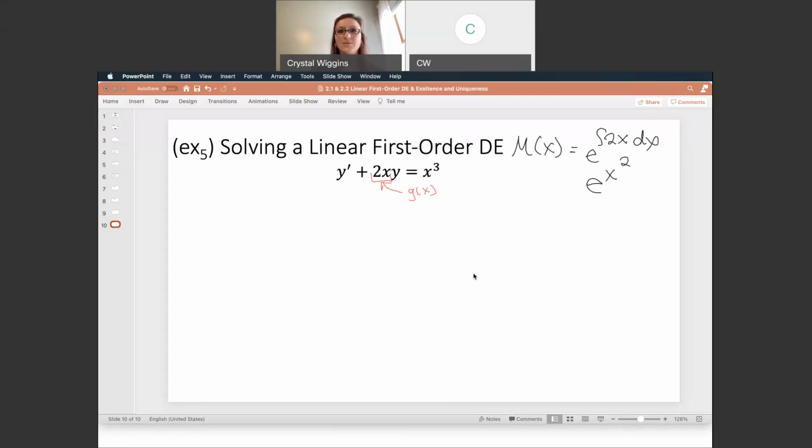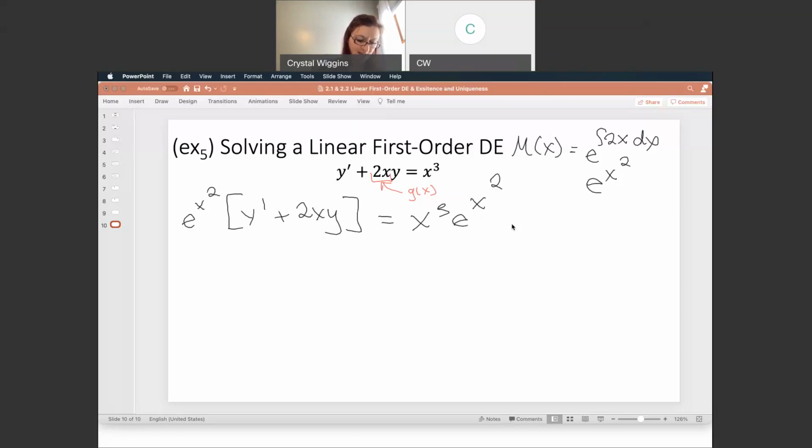Now, we will multiply both sides of the differential equation by our integrating factor. So we have e to the x squared times y prime plus 2xy is equal to x cubed e to the x squared.